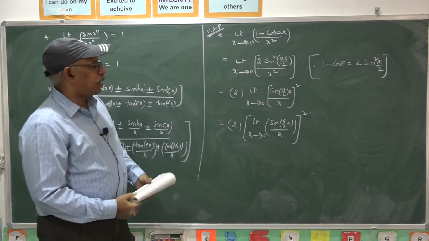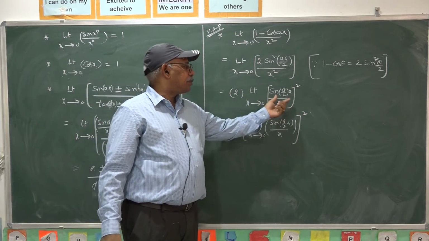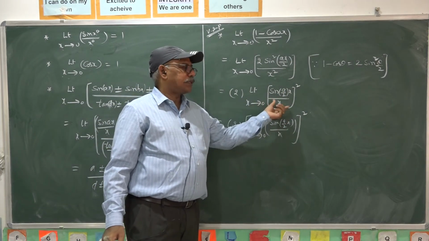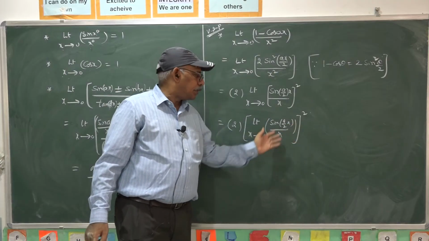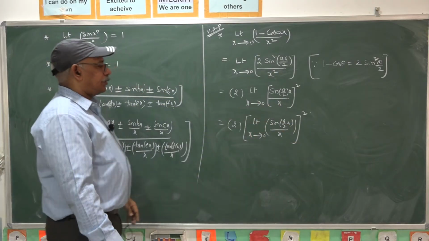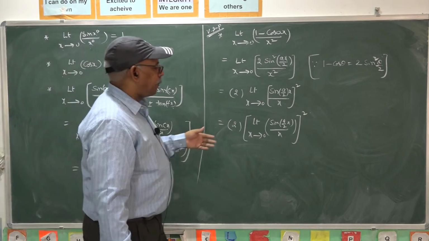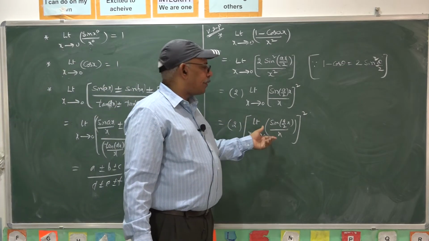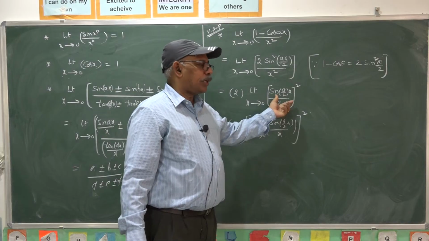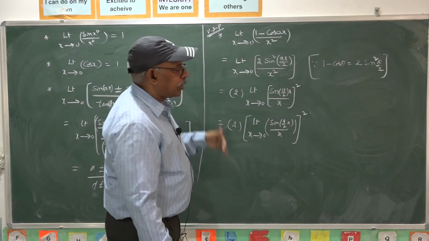Once the base limit exists and takes a finite value, you can take the limit to the base only.